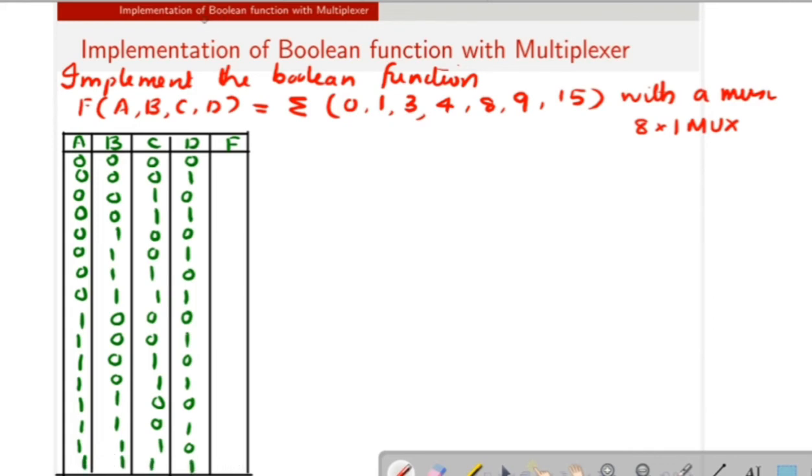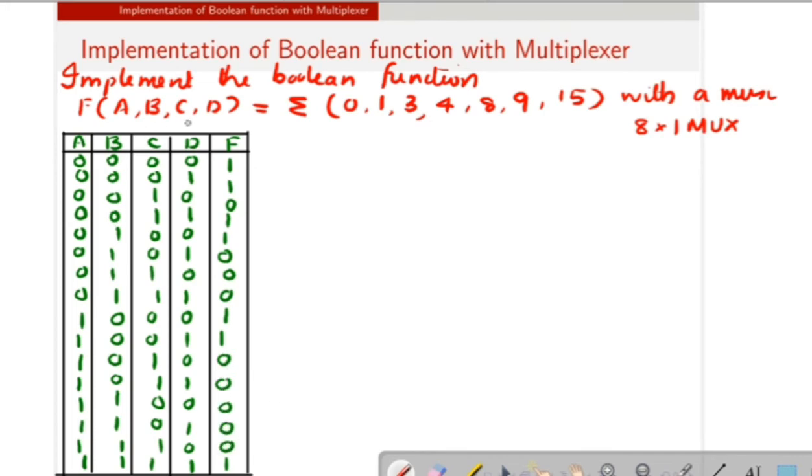Right? So here I select first 3, ABC, as the selection lines of the multiplexer. Then here output is equal to 1 for the min terms 0, 1, then 3, 4, then 8, 9 and 15. All other outputs are 0.